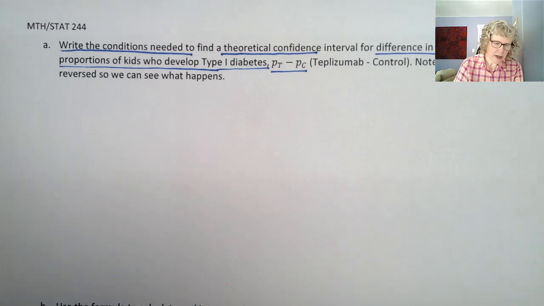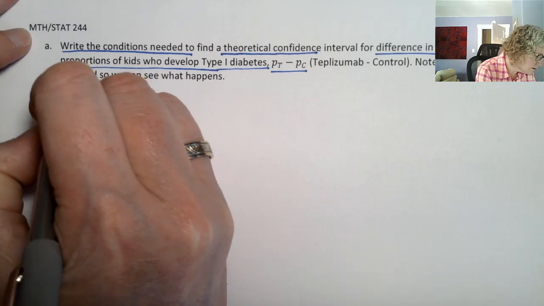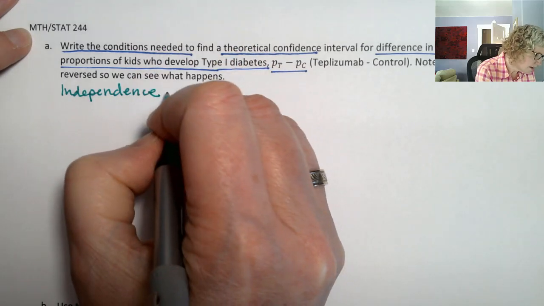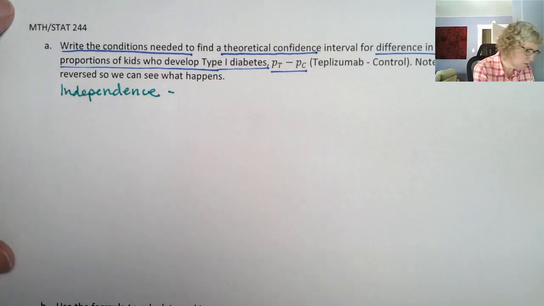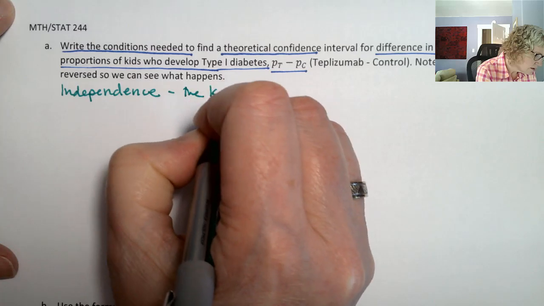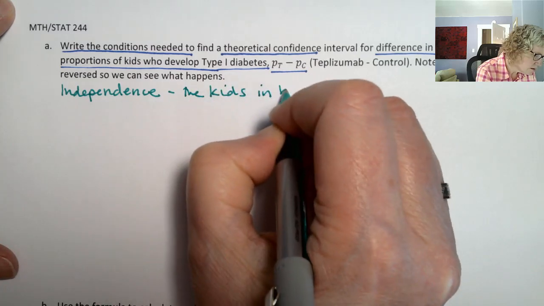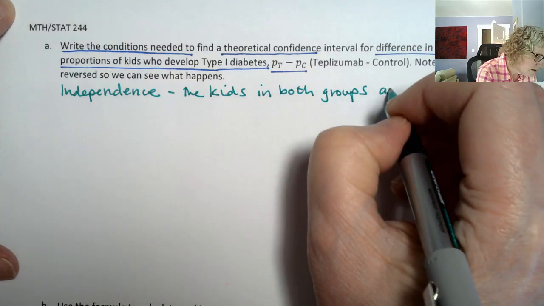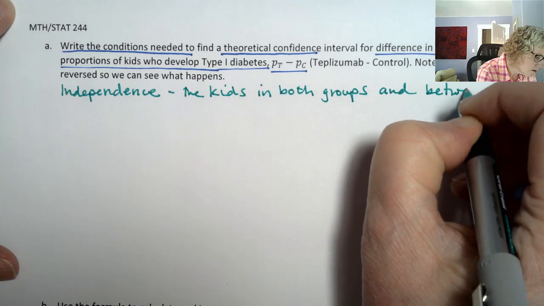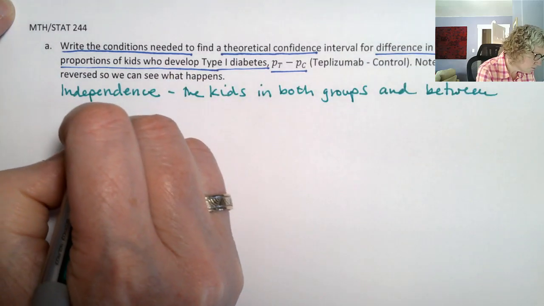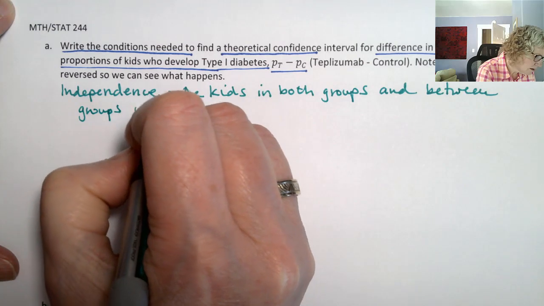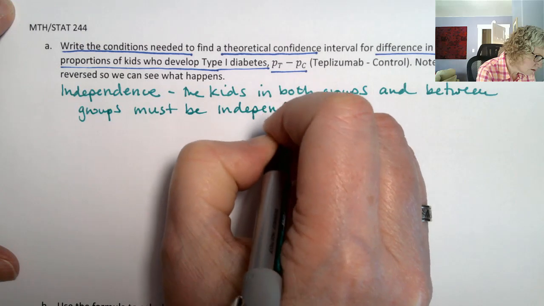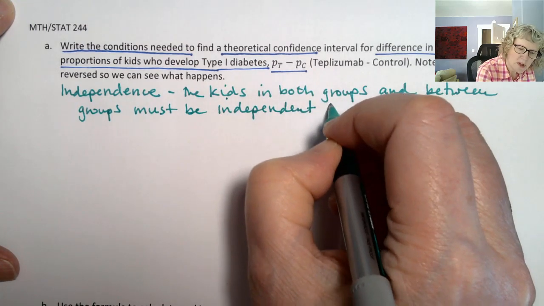Okay, so first of all, let's write out our conditions. So independence. The kids in both groups, so all the kids, both within groups and between groups, must be independent in terms of the variable.